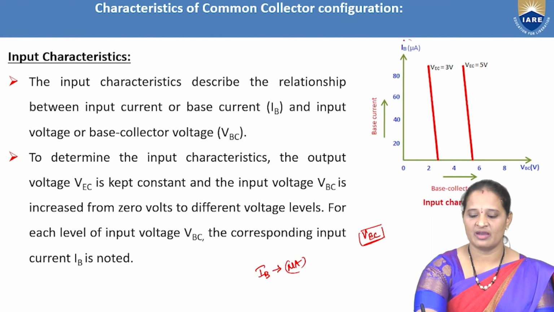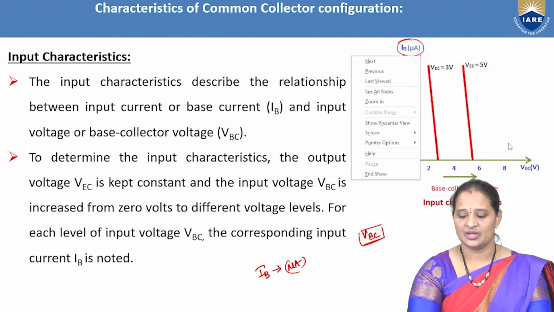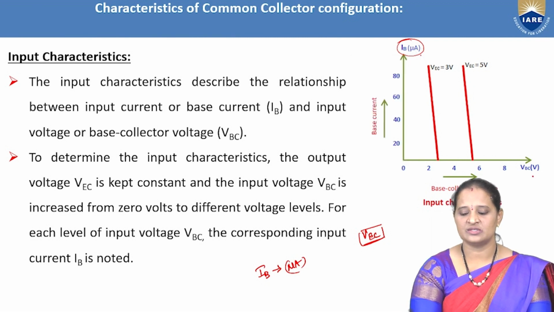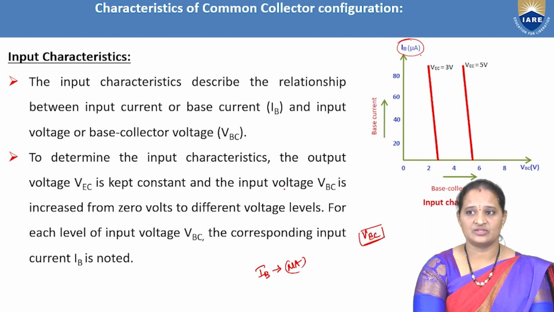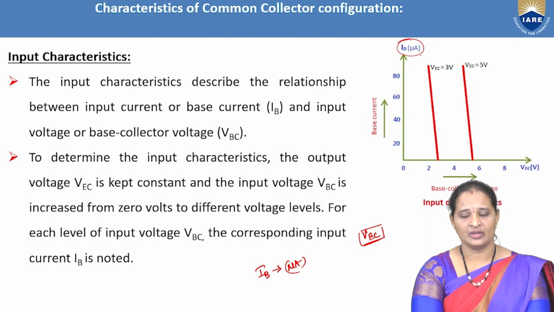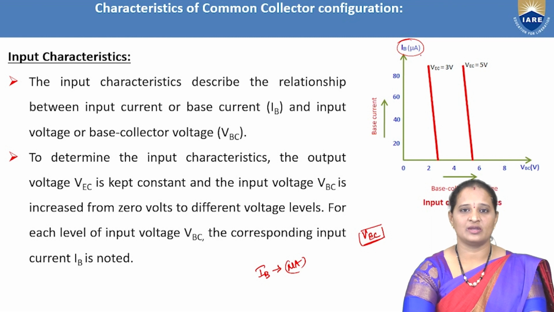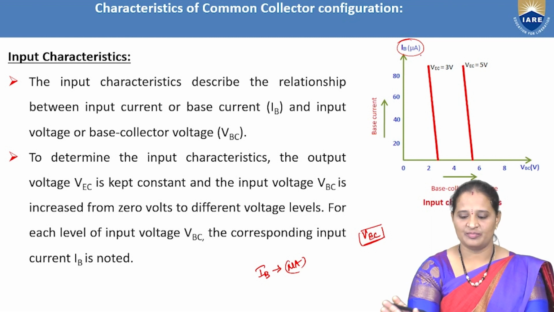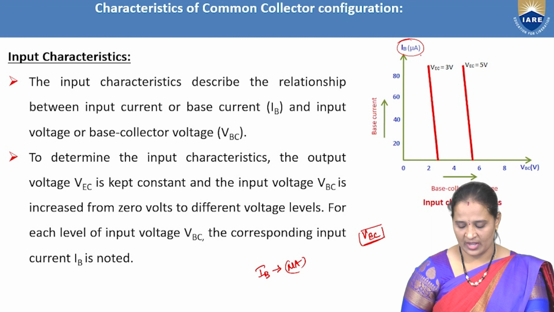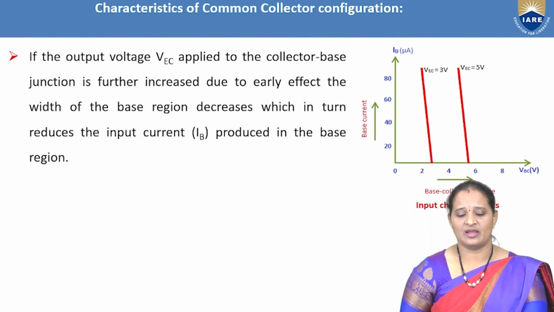So that is what we have represented on the y-axis, IB in microamperes, whereas VBC in volts. So now, first of all, keep the output voltage constant at some value, then increase the input voltage in steps, record the values of input current, and then plot the graph between input voltage and input current. So here, now what happens? So these are the characteristic curves. Why are we getting them like this?